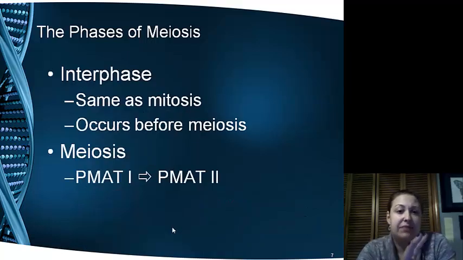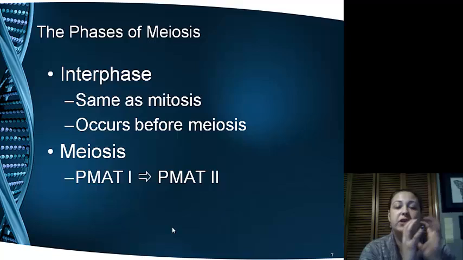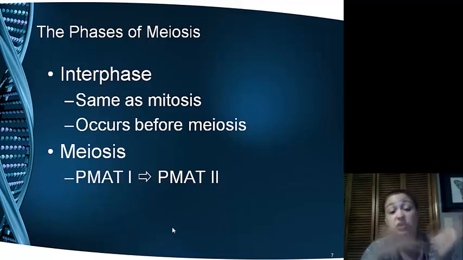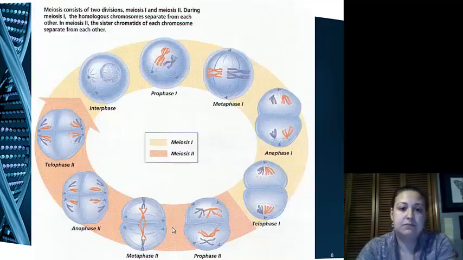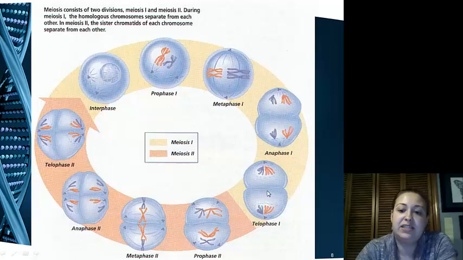Interphase is the same, and it starts out in front of meiosis. So again, we have G1, we have S, where we're doubling our DNA and making more organelles, and then we have G2, which is preparing for the division. And then we go through meiosis, which is PMAT twice. So again, interphase, then we have prophase, metaphase, anaphase, telophase.